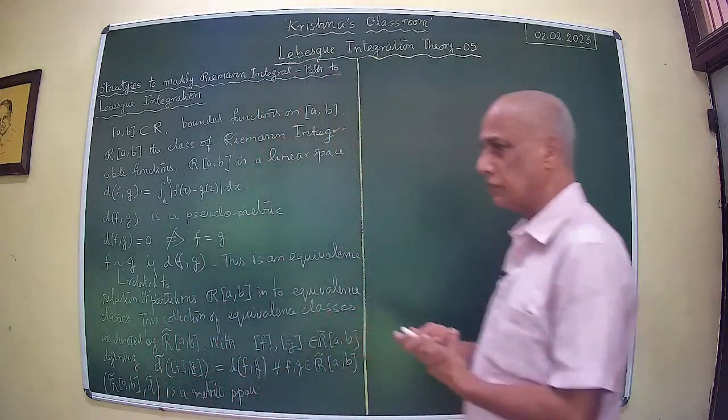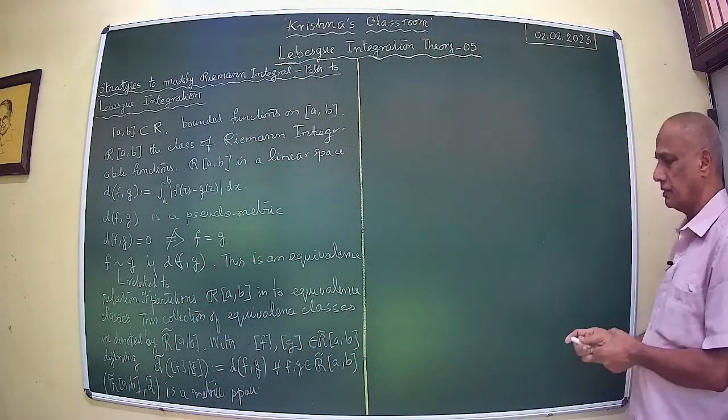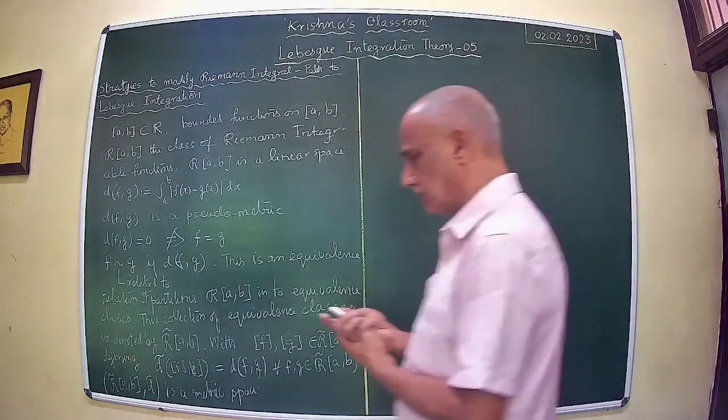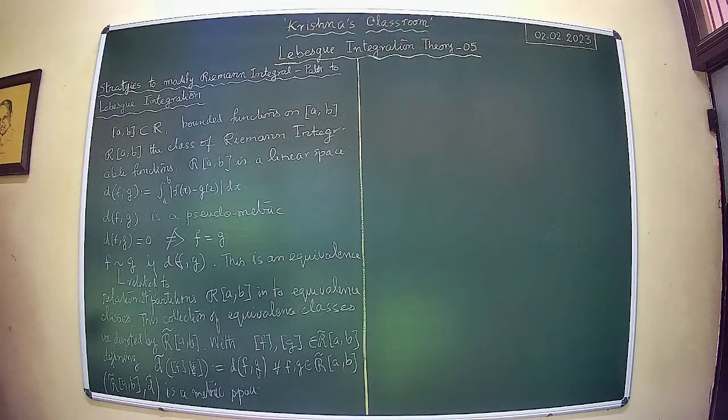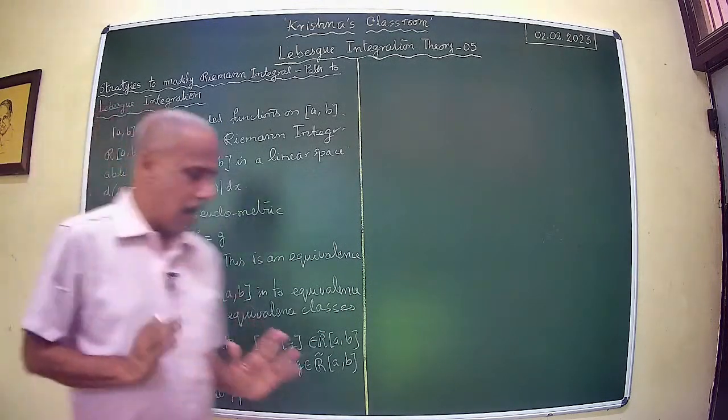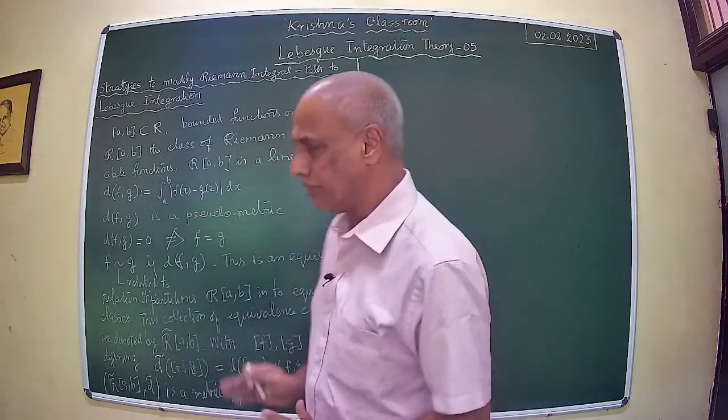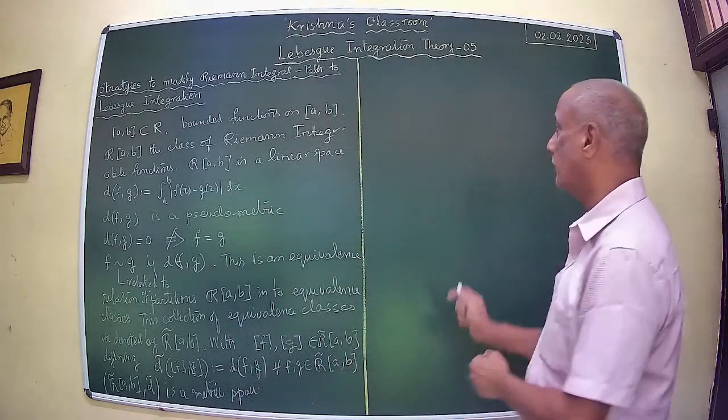Therefore, it is a metric space. So you can do analysis on that. Okay. So R tilde [a, b] is also a linear space, and d tilde is a metric on that. Therefore, you have a metric space.